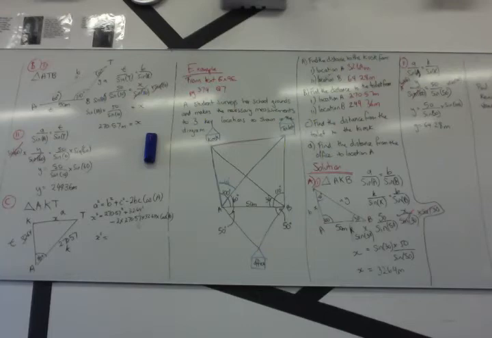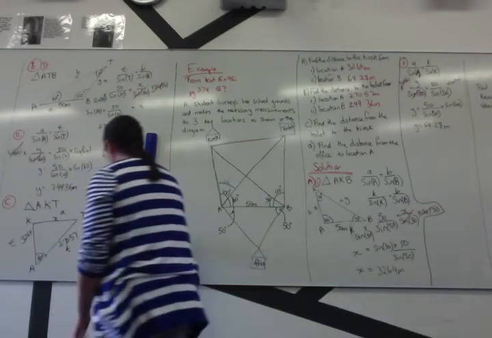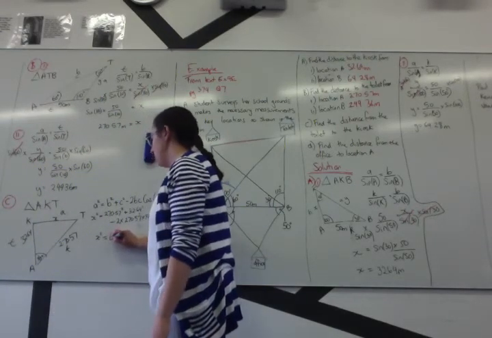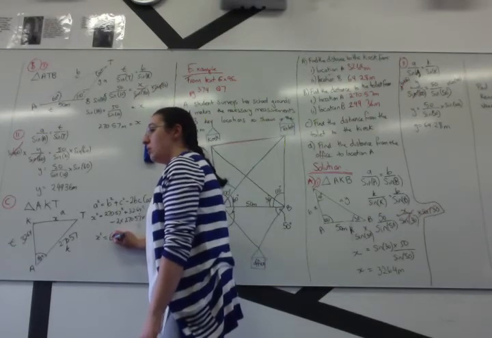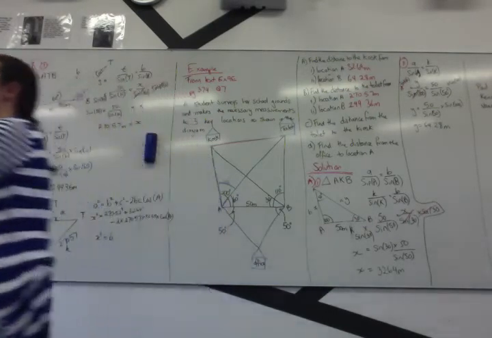Yeah. 2 times 270.57 times 32.64 times the cos of 40. 60,000. Really? 60,000. So you got 60,742. Not probably from your calculator.